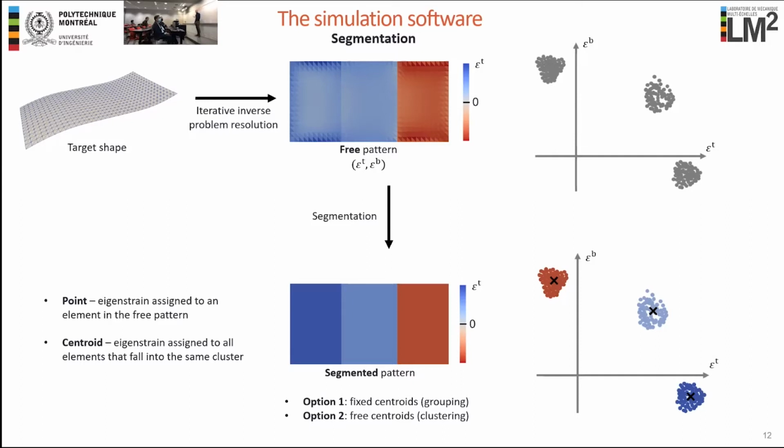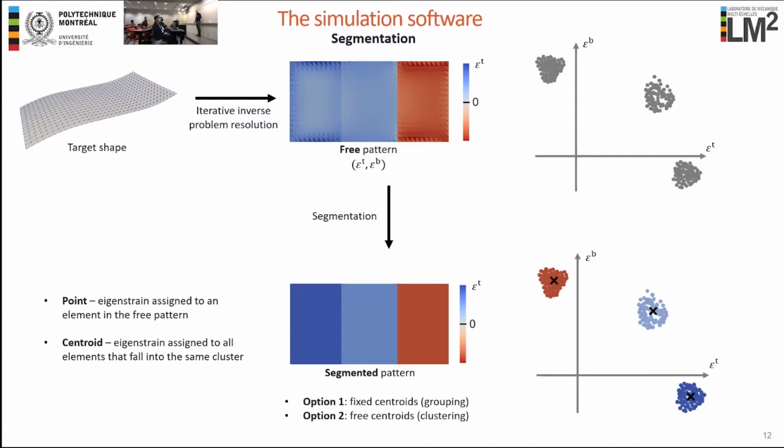And from this point, the problem becomes purely mathematical, because our segmentation algorithm has to split this set of points into clusters and to compute an optimal centroid for each cluster, or in other words, the mean point for each cluster.